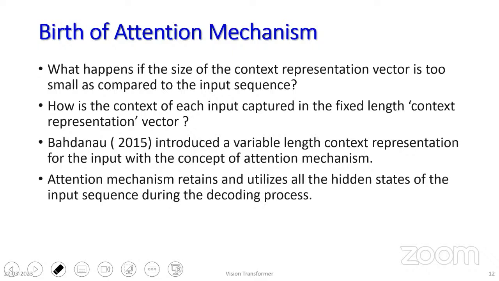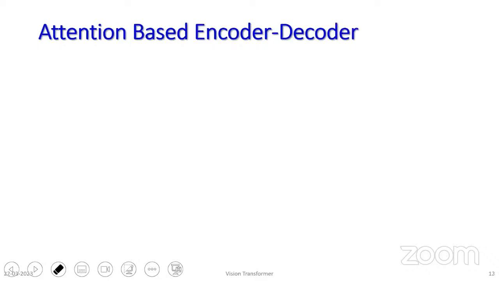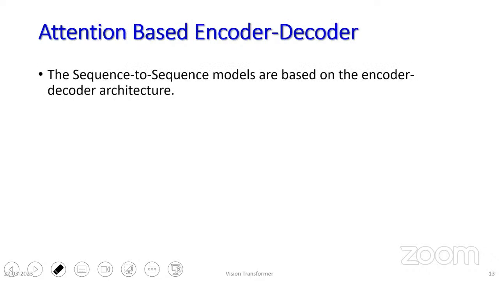Remember that each hidden state coming from different encoder units is being retained and utilized during the decoding process. Let's see how. Attention-based models are also based on the encoder-decoder architecture.